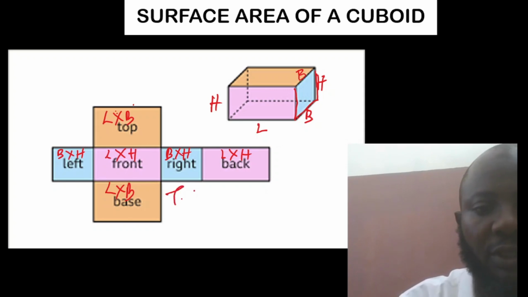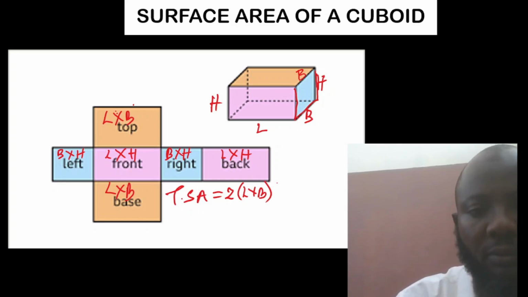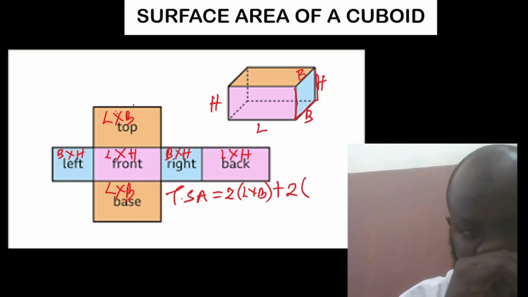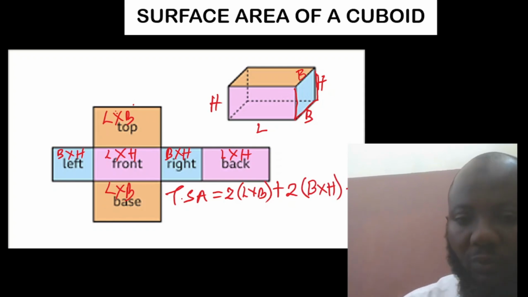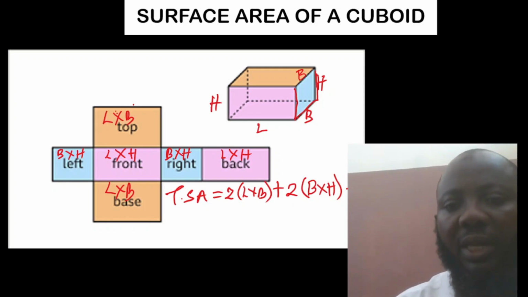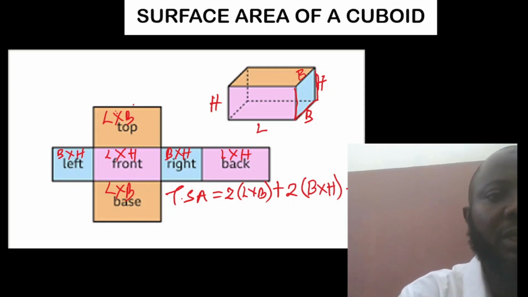Length times breadth appears twice, so that will be 2 into bracket length times breadth, plus 2 into bracket breadth times height, breadth times height also appears twice, plus 2 into bracket length times height. So that is the total surface area of a cuboid. This is not showing here, so let's read this side.